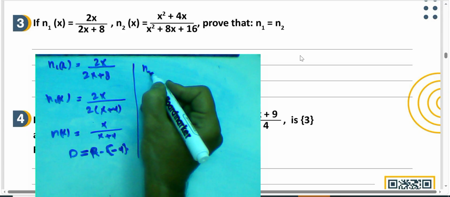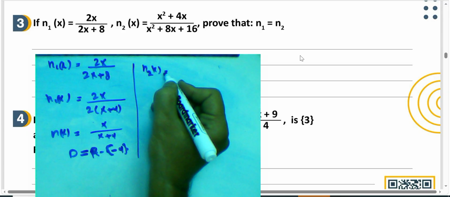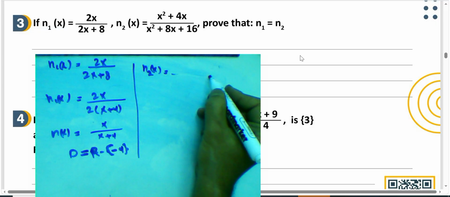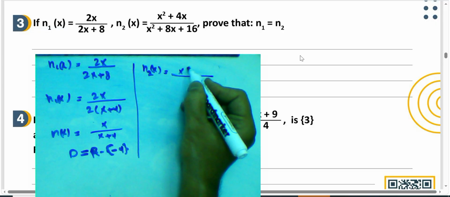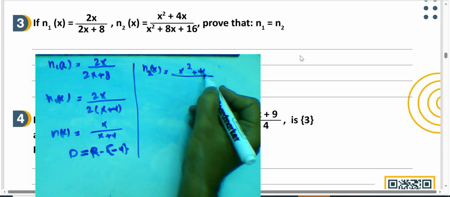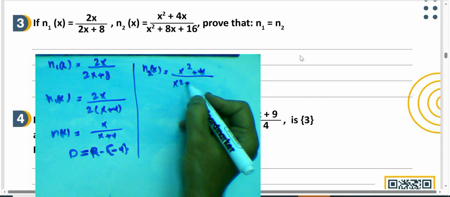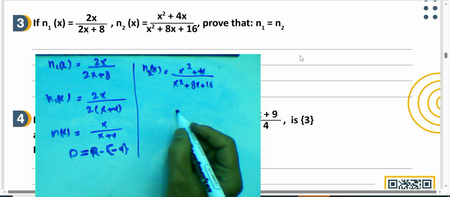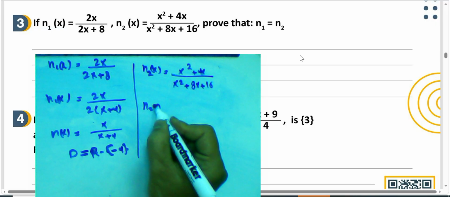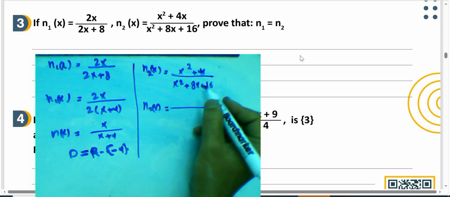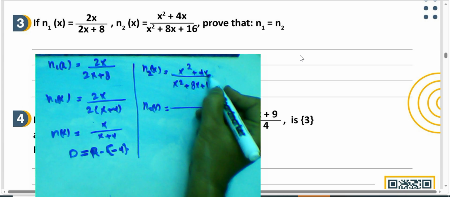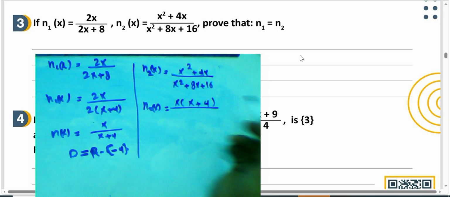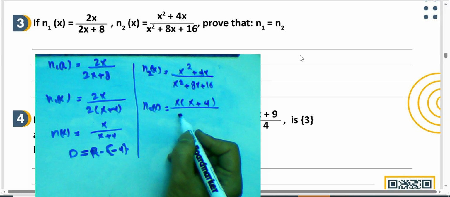And the second function, we have x power 2 plus 4x over x power 2 plus 8x plus 16. You can write n2 of x equal, we have here 4x up, write x as a common factor, x power 2 divided by x equal x, and 4x divided by x equal 4, and down you can factorize.